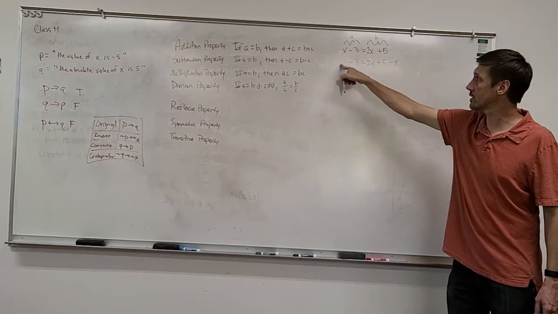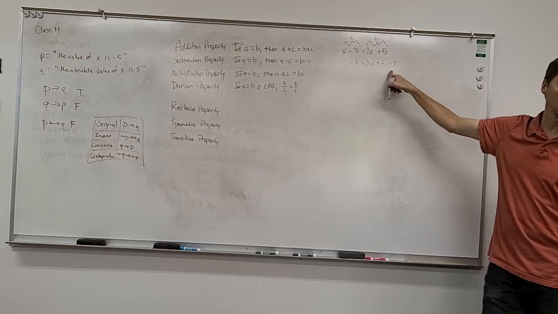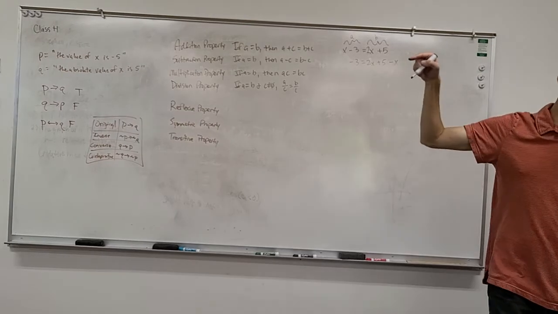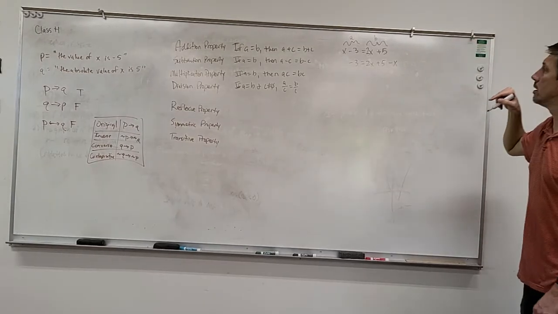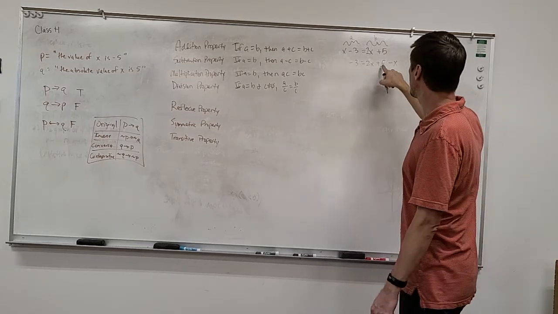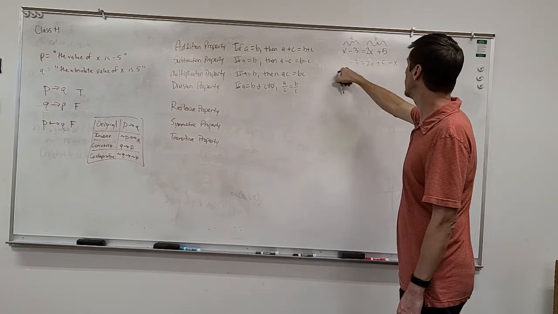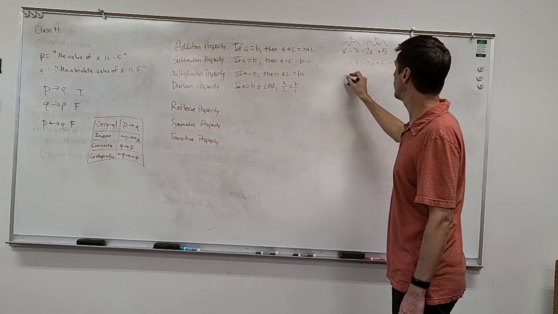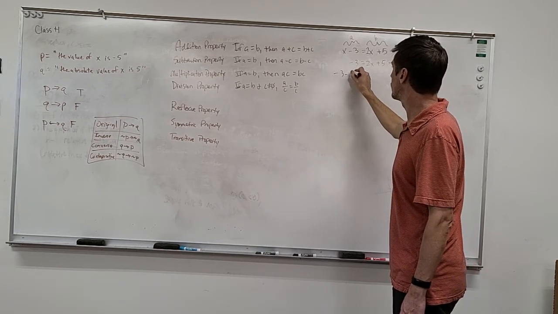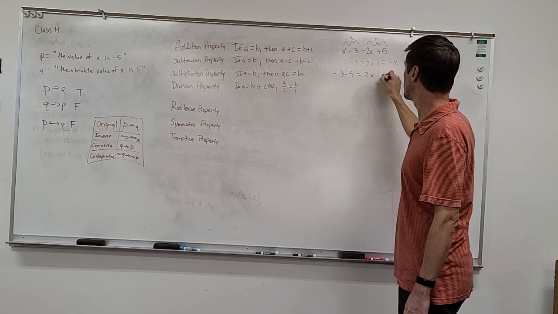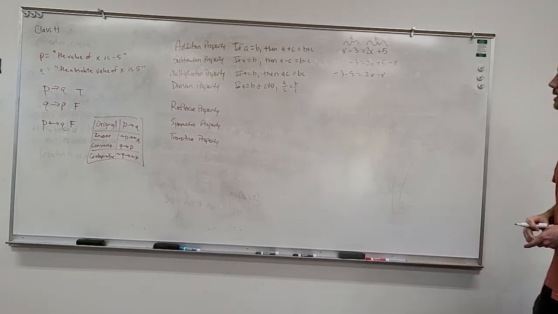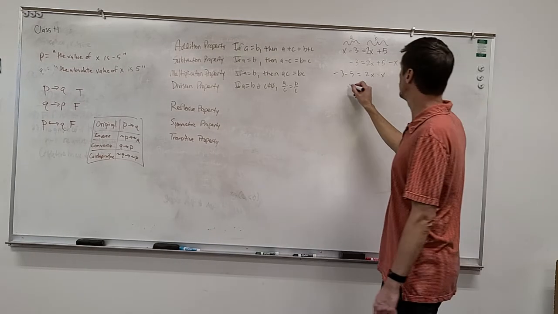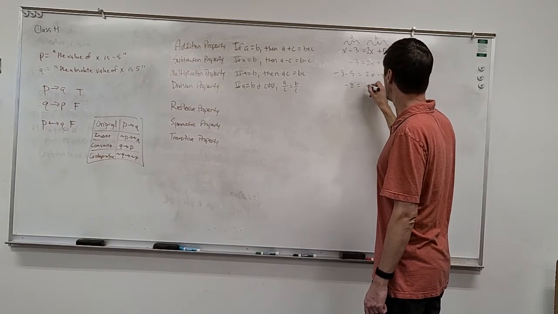And when we did that, the x's canceled out over here, and we were able to move our x over, right? So that's the subtractive or subtraction property. So we could do some more of that. We're going to move the 5 over here, and that would also be using the subtraction property. And so now we've got -3 minus 5 equals 2x minus x. So we use the subtraction property again to do that.